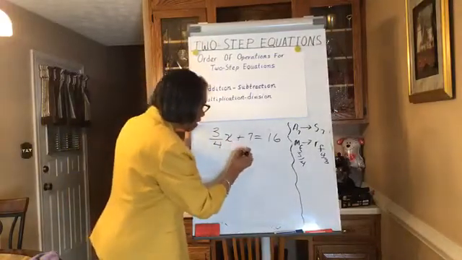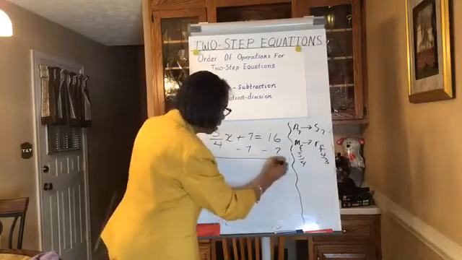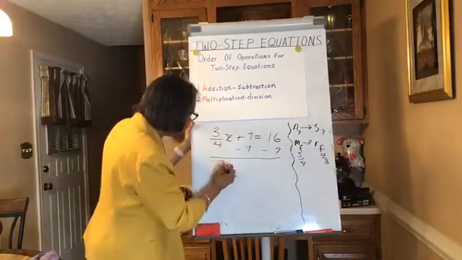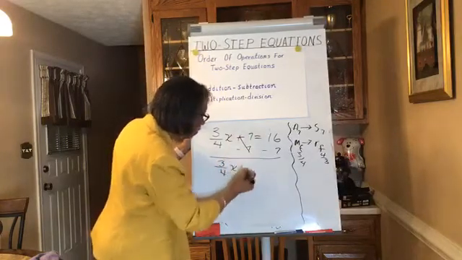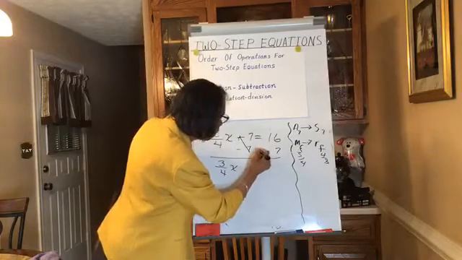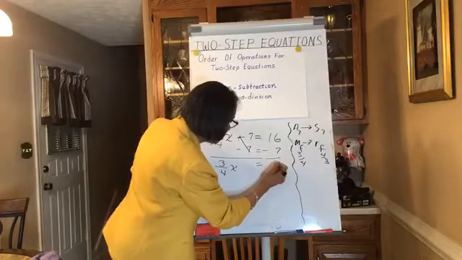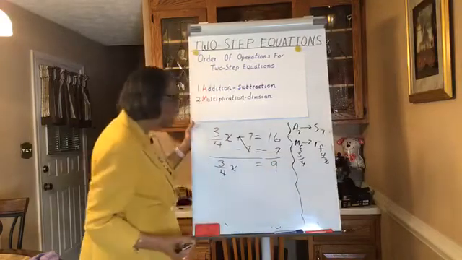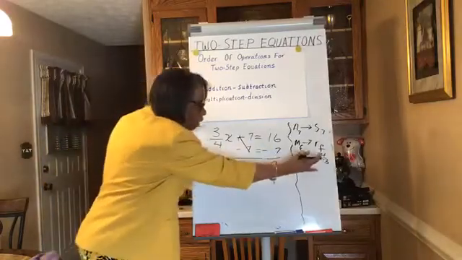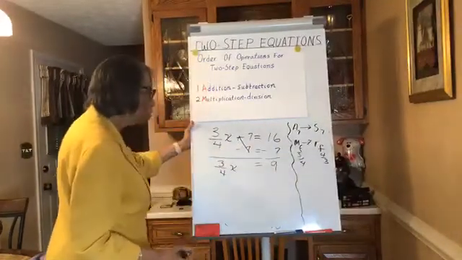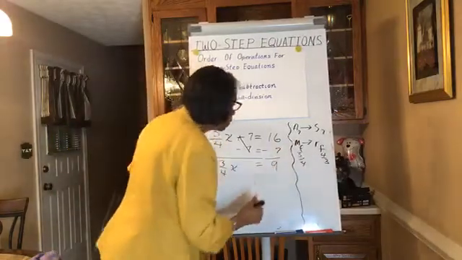So we subtract 7 from both sides and rewrite 3/4 x. And of course that cancels itself out. equals 16 minus 7 is 9. All right. And now we're going to multiply by the reciprocal. Multiply by the reciprocal. All right.